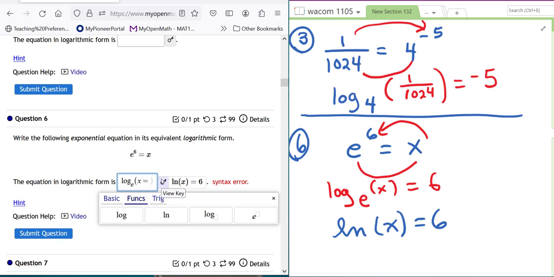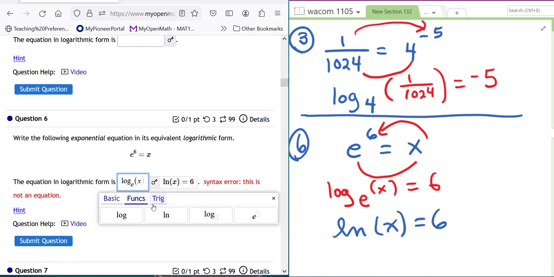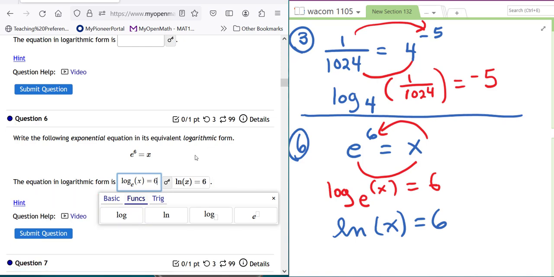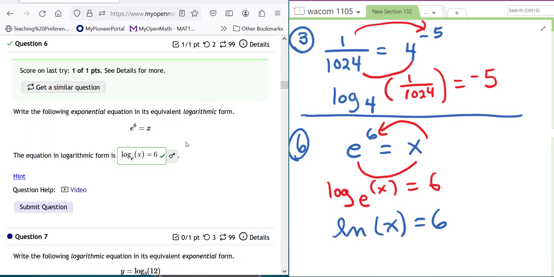Whoops. All right. So I'm going to have to backspace. I need to get outside that parentheses. Now put my equals. It does want an equation there. All right. I'm going to check that and see if it's okay. This is really what they wanted, but I'm going to check that and see if we get away with it. We did. So going this way, this is really the best way to write it, but they would accept that.